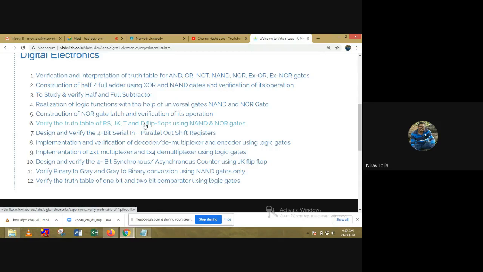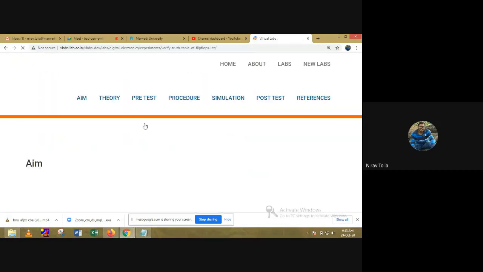So we have four basic flip-flops: RS, JK, T and D. Today we verify the truth table of the RS, JK, T and D flip-flops using NAND and NOR gates.